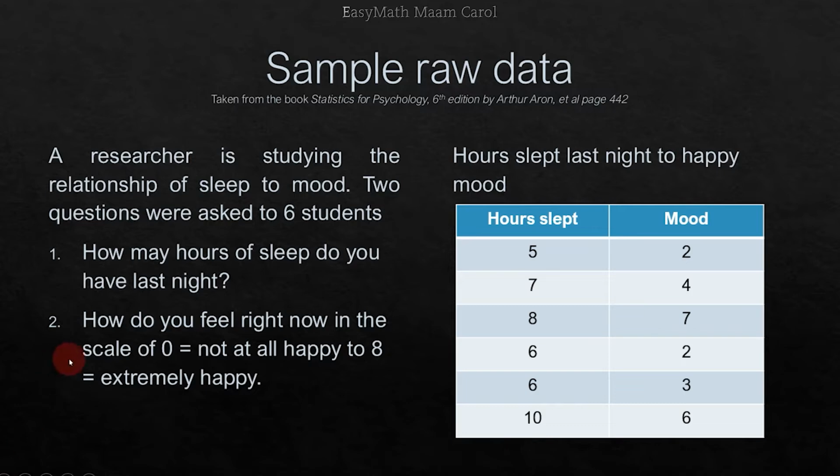Now, dito naman sa number 2, yung kaibahan niya is how do you feel right now in the scale of 0 to 8? Although discrete pa rin yung magiging sagot niya, 0, 1, 2, 3, 4, 5, 6, 7, 8. Ang tawag natin dito ay 9-point hedonic scale, wherein this is categorized as ordinal variable kasi merong pinaka hindi masaya papunta dun sa 8 na pinaka masaya.